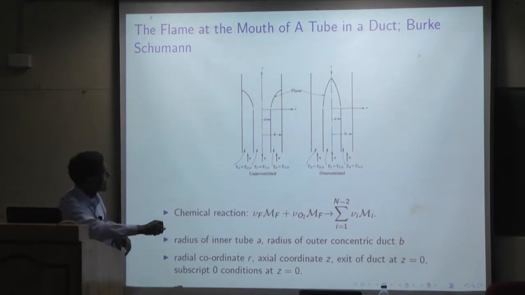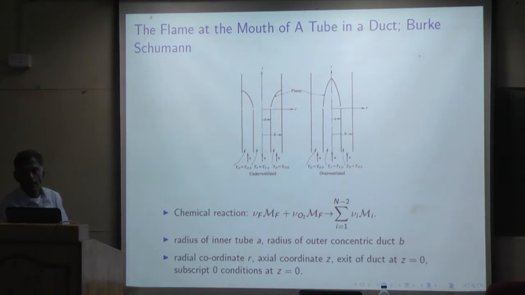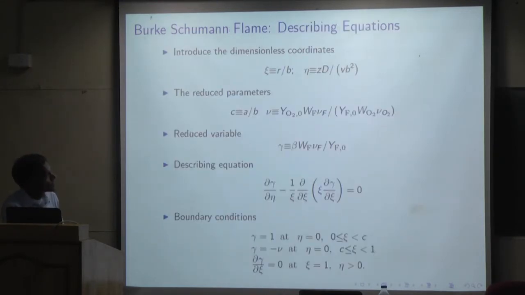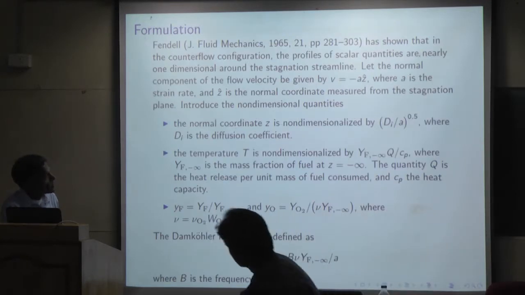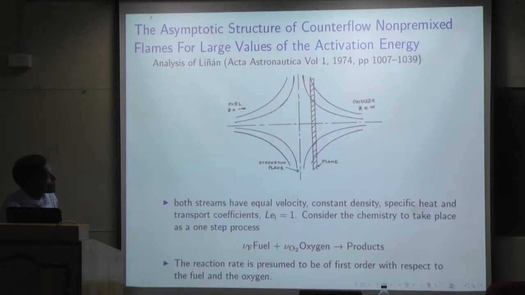How do you obtain the strain rates? I don't want to go into that question a whole lot, but the strain rate is simply the solution to the Euler equation in the outer flow.